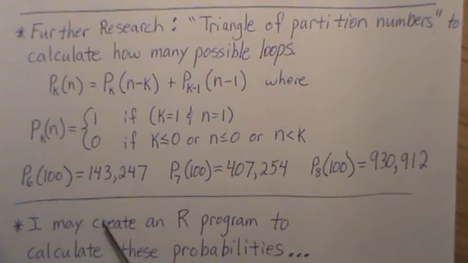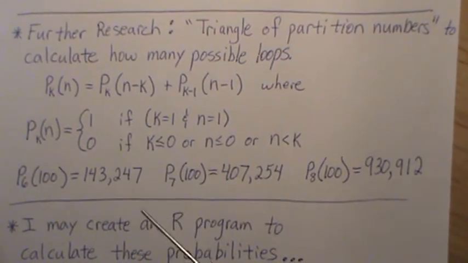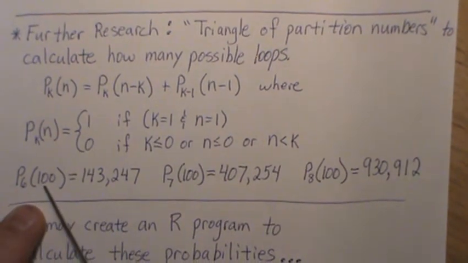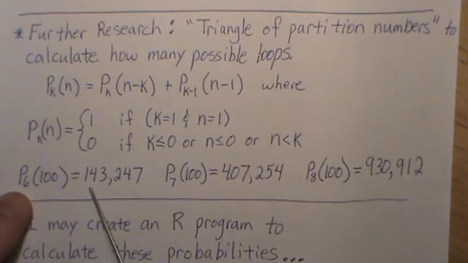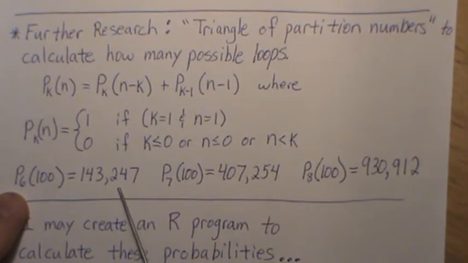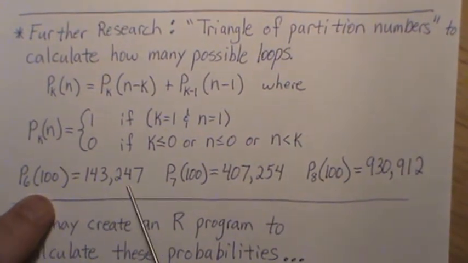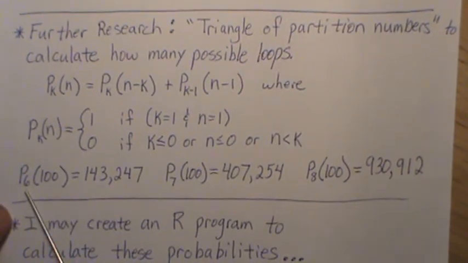But one of the problems is when n equals 100, the number of possibilities becomes so large. So when n is 100 and k equals 6, so we want the maximum loop size 6, there's 1,143,247 possible different loop scenarios where the maximum is 6.